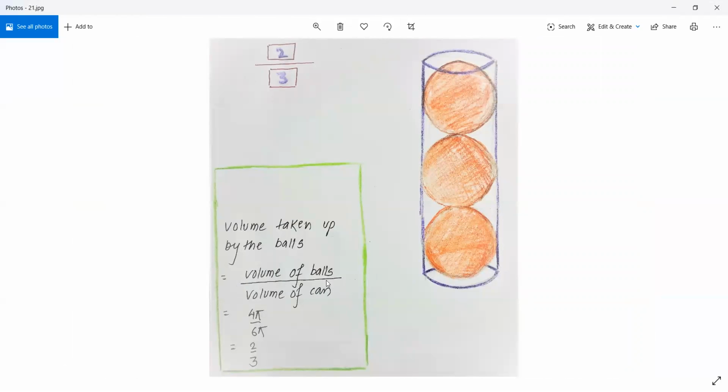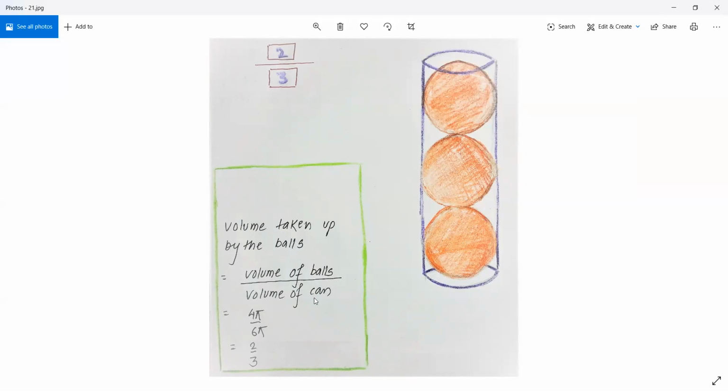Obviously the volume of the can is bigger than the volume of the 3 spheres, because there is some unused space in the cylindrical can.